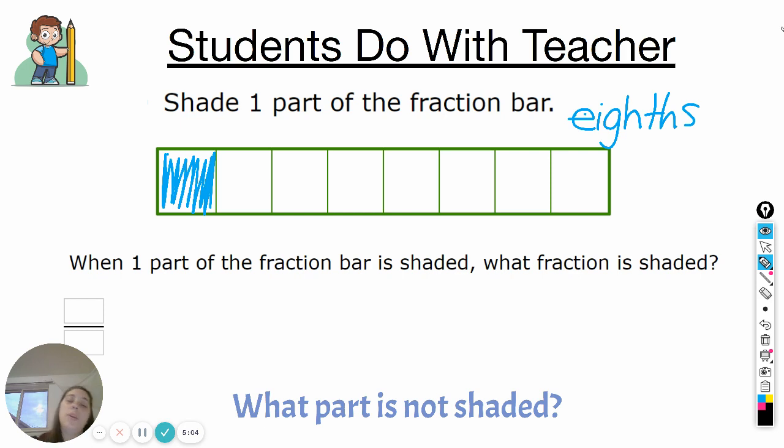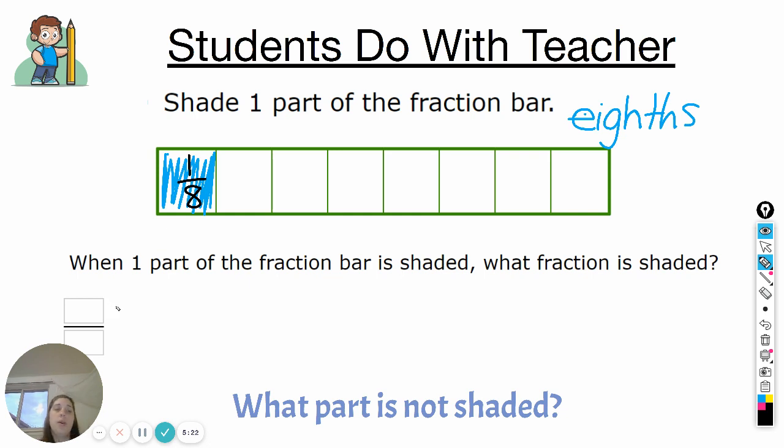I'm going to label what I shaded. You don't have to. I've shaded one piece out of the 8 pieces altogether. So when this one part is shaded, what fraction is shaded?